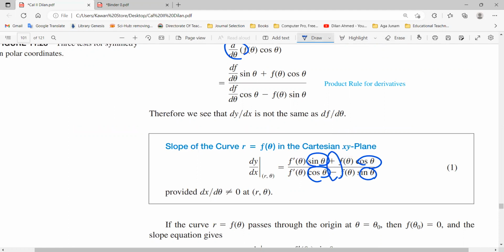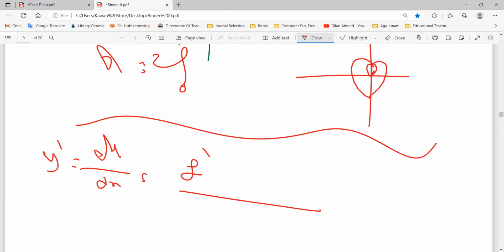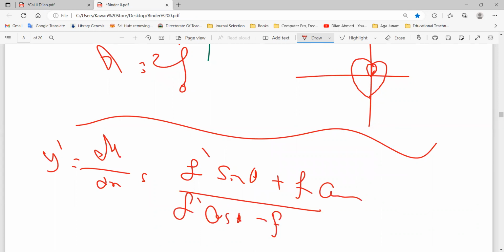So the whole story is: the slope dy/dx is equal to f prime sine theta plus f cosine theta, over cosine theta f prime minus f sine theta, and maybe they give you the point where r and theta equal something, and you'll find them.